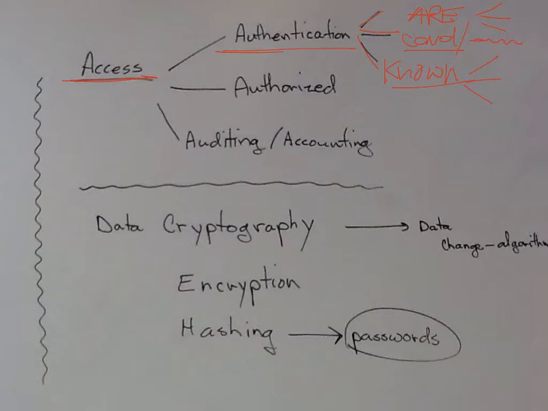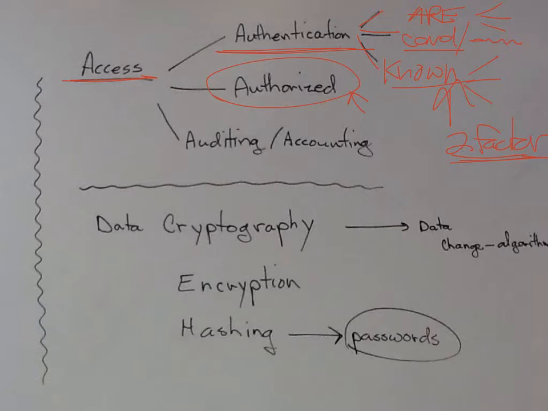So we typically authenticate with some combination of that, and nowadays they're looking at 2-factor authentication, having at least a couple things in order for you to authenticate. Once you authenticate, then you're authorized, and that gives you what you can do to what, what kind of rights you have.